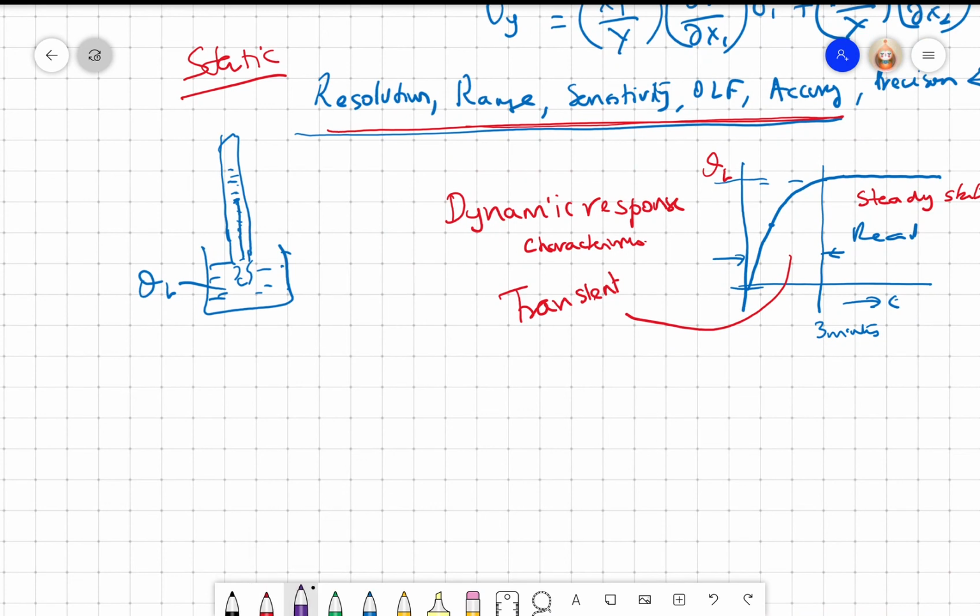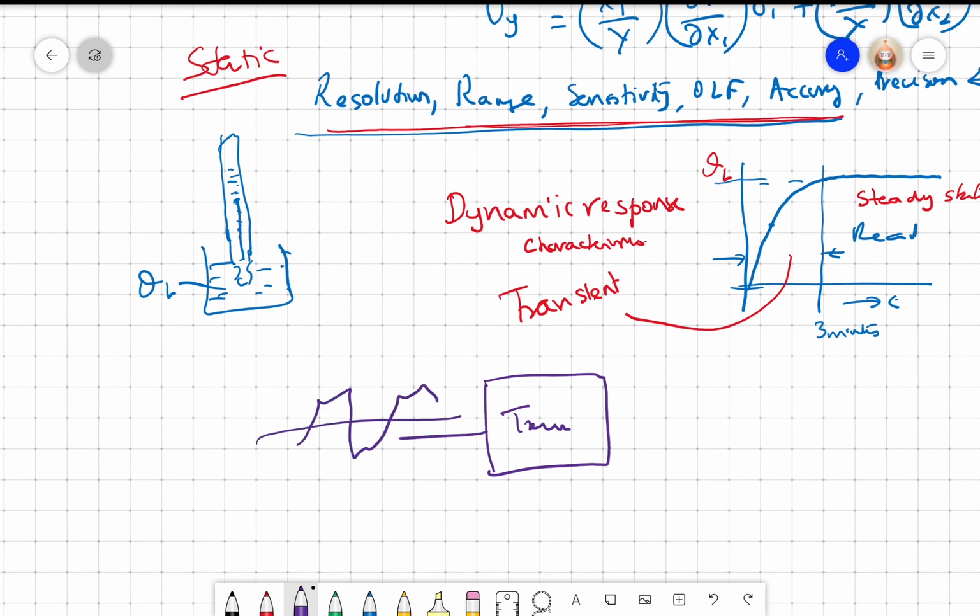I can have a transducer and I can give an input that is time varying. Then my input is dynamic. The transducer has to have certain characteristics so that the dynamic input I give gets exactly repeated, I get the same output.